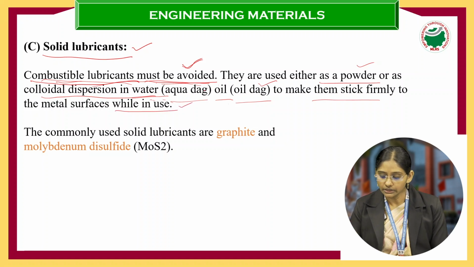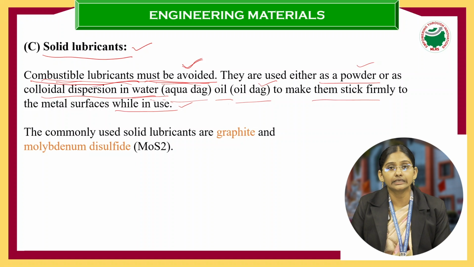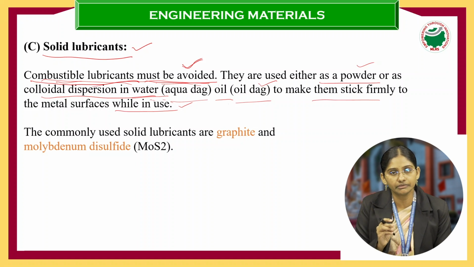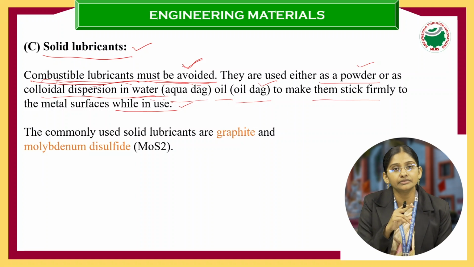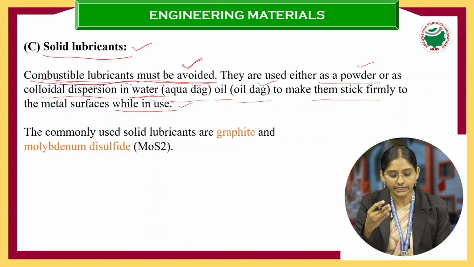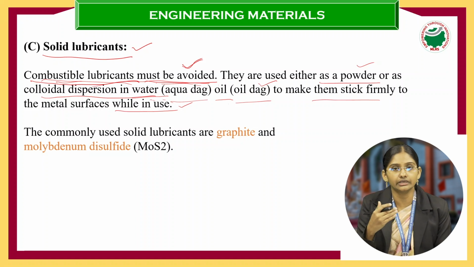So these solid lubricants can be used either in the form of a powder, or that powder is mixed either with water or with oil. Clear? In such a way we can use this type of solid lubricants.